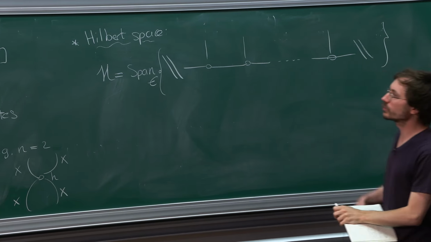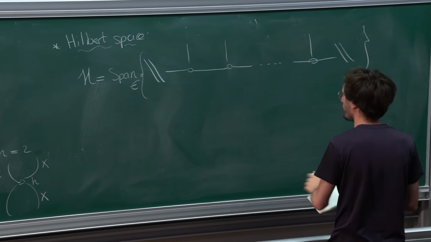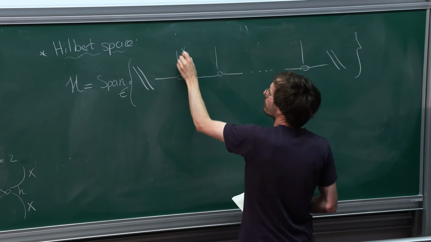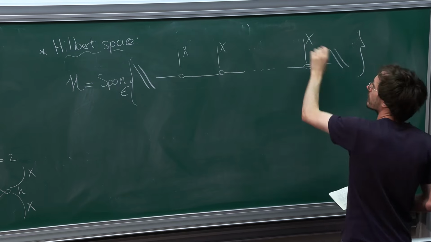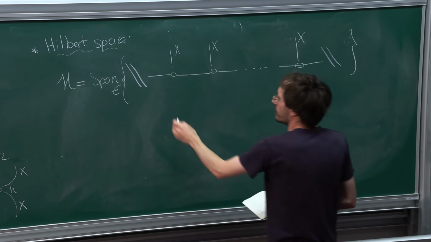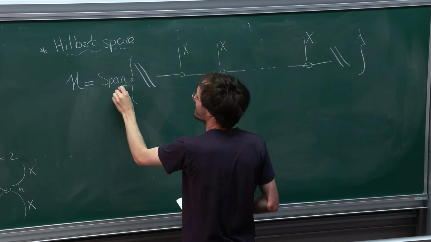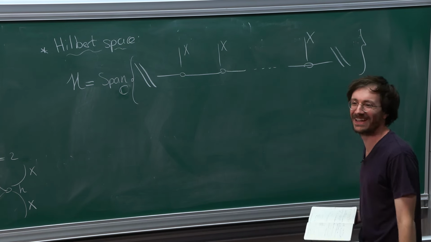These are tree-like diagrams, and this is really the same graphical calculus as before. The lines at the top are all labeled by x. This is why I was saying that x dictates the choice of Hilbert space. What is epsilon? Span epsilon? No, I don't know why it looks like an epsilon.